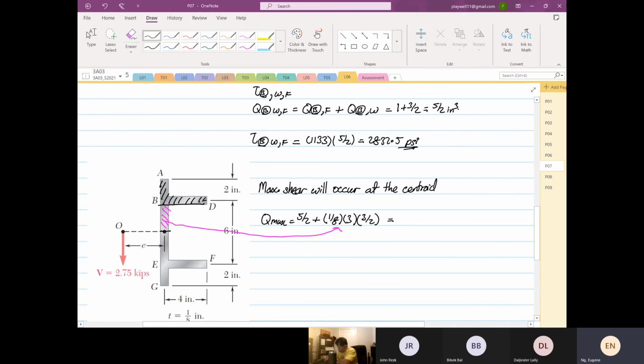So this will be equal to 1/8 times 3/2. So it's 9/16. So 5/2 plus 9/16 is equal to 49/16 inches to the power 3.